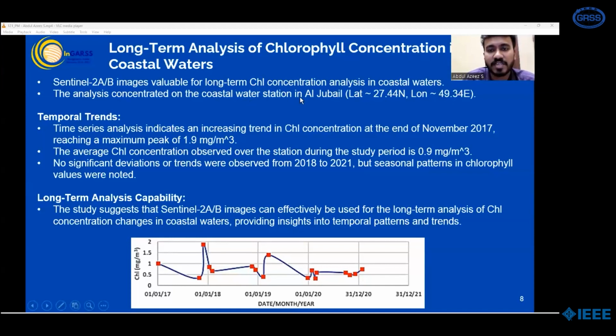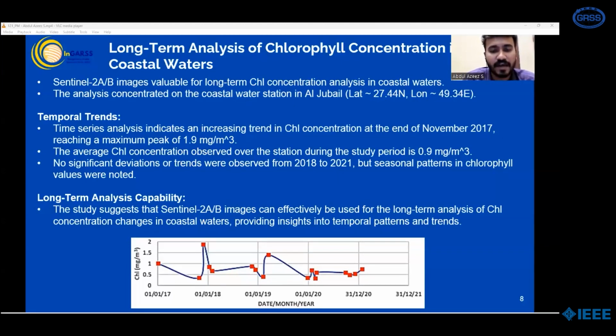So we have analyzed a single station at Al-Jubail. We have downloaded the Sentinel-2 imageries from 2017 to 2020 and extracted the chlorophyll concentrations. And you can see from this time series analysis, there is an increasing trend in chlorophyll concentration at the end of November 2017, reaching a maximum of 1.9 milligram per meter cube.